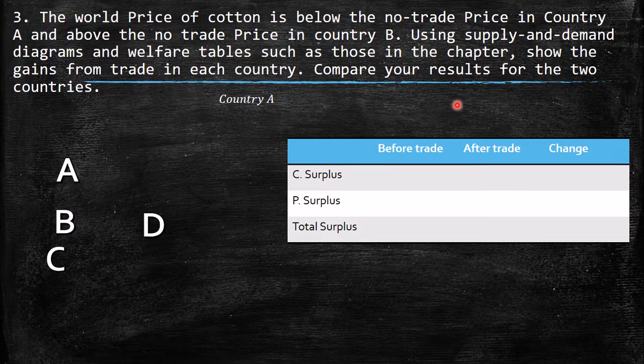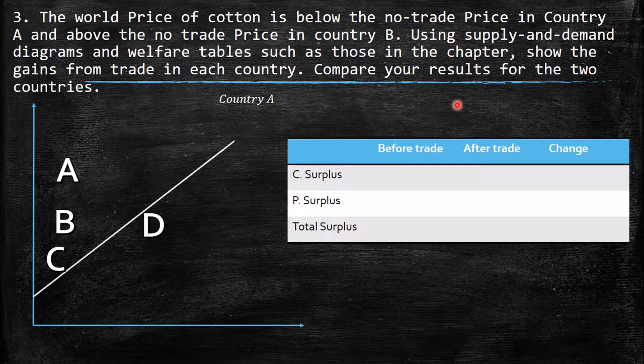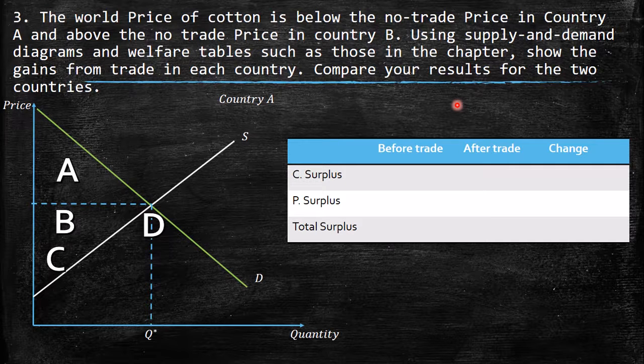So we will start with country A. Country A faces this situation. They have P star and Q star as the equilibrium, and they will have the PT, which is lower than P star, and we will proceed as in the previous example, the orange and the wine.